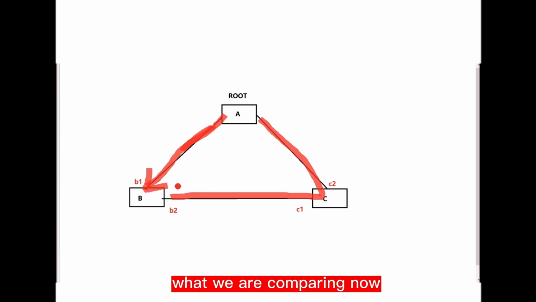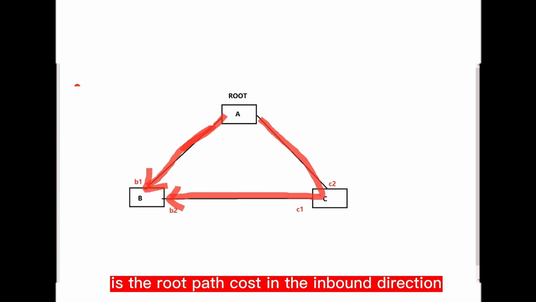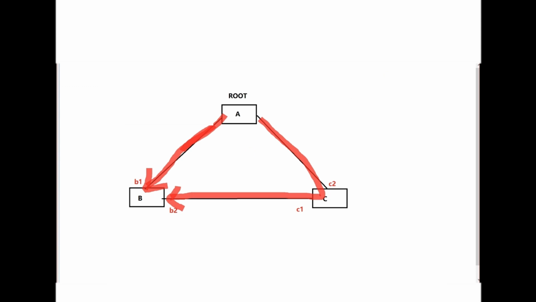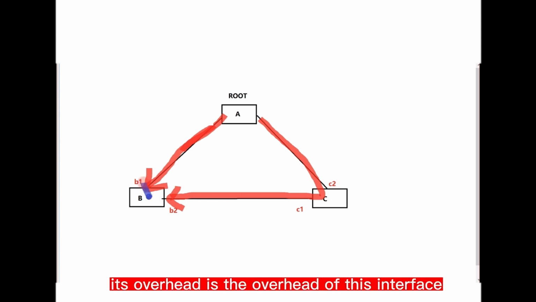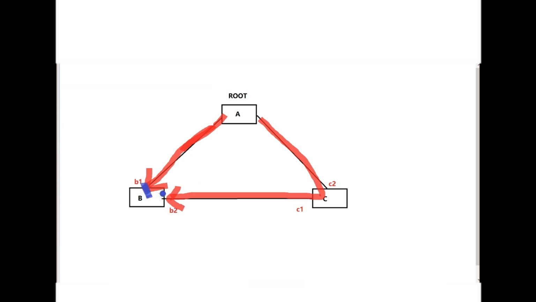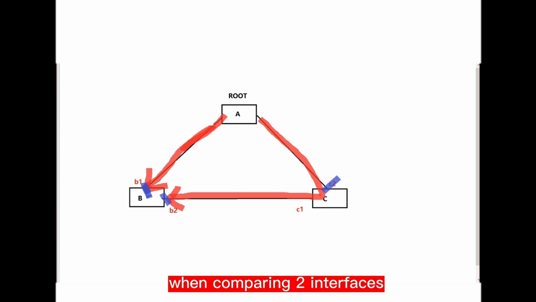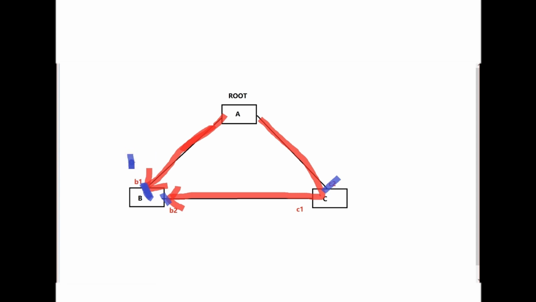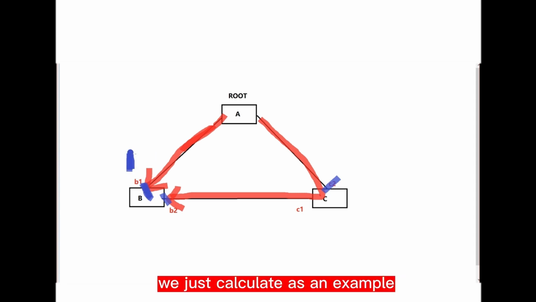What we are comparing now is the root path cost in the inbound direction. For B1, its cost is the cost of this interface. For B2, its cost is B2 plus C2. That is, on device B, when comparing the 2 interfaces, assuming each counts as 1, we just calculate as an example, because the default is the same.